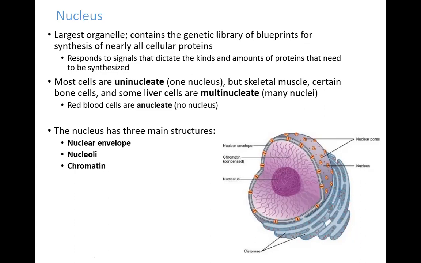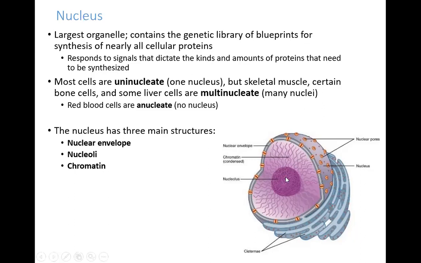But since muscle cells don't reproduce, we don't care. It doesn't hurt us. So we'll have multiple nuclei in skeletal muscle. We may see some bone cells, and we may see some liver cells that way, but mostly it's going to be skeletal muscle. But we can say with pretty much confidence that all cells have a nucleus in there, except for red cells.